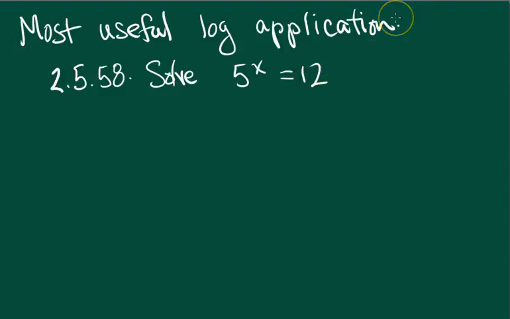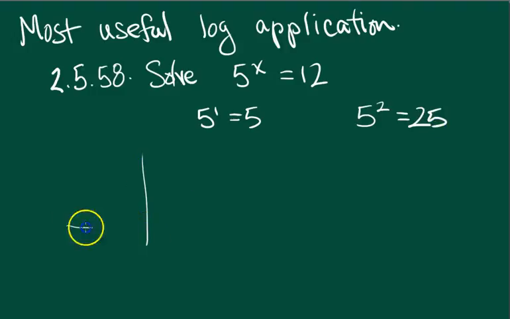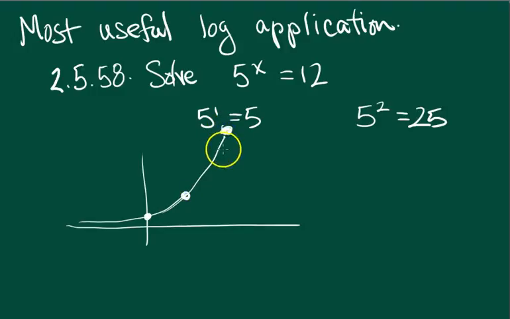Now, I know that 5 raised to the power 1 is 5. I know that 5 raised to the power 2 is 25. And I can visualize a graph like this that goes through the points (0, 1) and (1, 5) and (2, 25), and somewhere in between x equals 1 and x equals 2 there has to be a place where y is equal to 12.